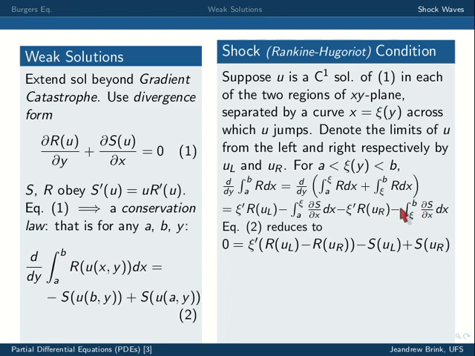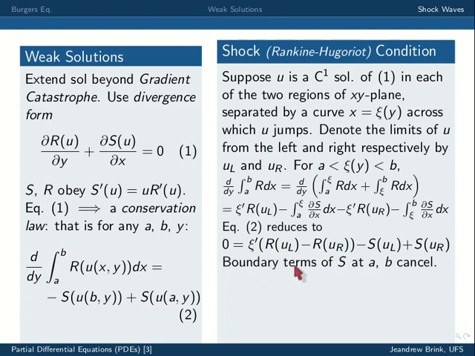That is going to cancel out with this guy, and so we're left with this expression. And so we have that xc prime, in other words, how the shock changes its position in time, which is effectively its speed, is given by this expression, which only depends on the value of the solution on the left and the right of the shock.